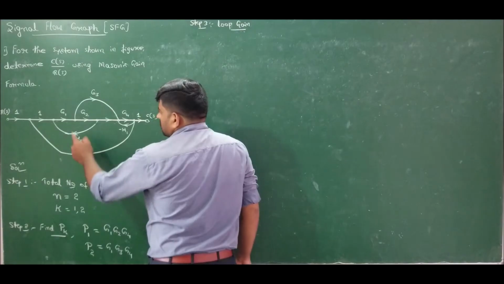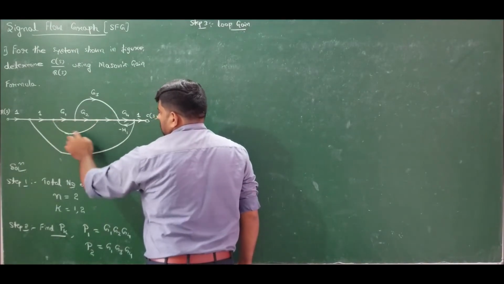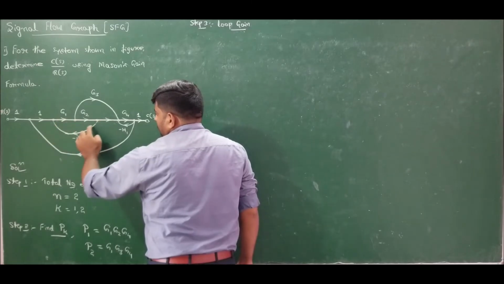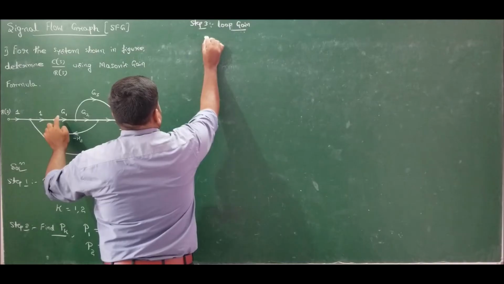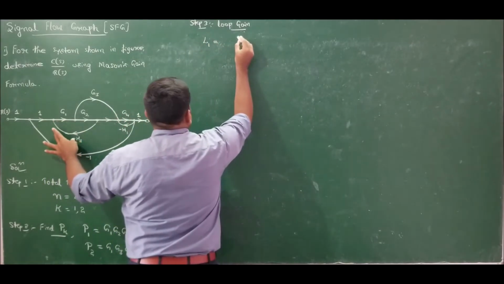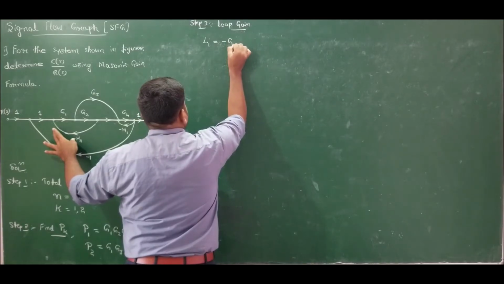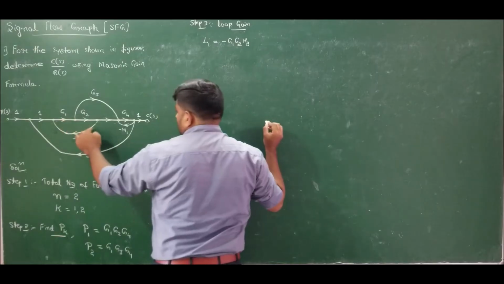If I observe, this is one loop: I go like this, and again I come back. So this is a loop, since the initial point and the final point are the same. So loop 1 gain is G1 G2 into minus H2. The product is minus G1 G2 H2. So I got one loop.